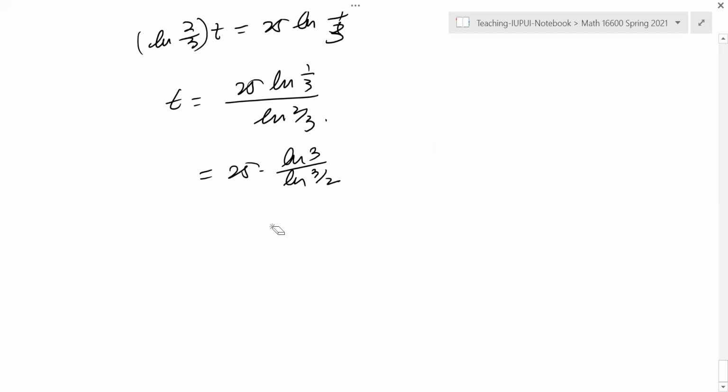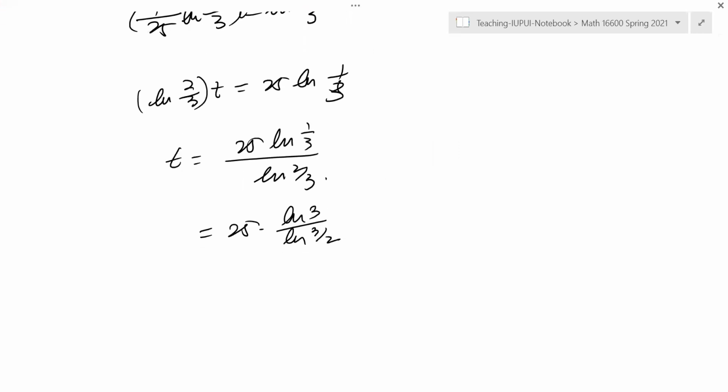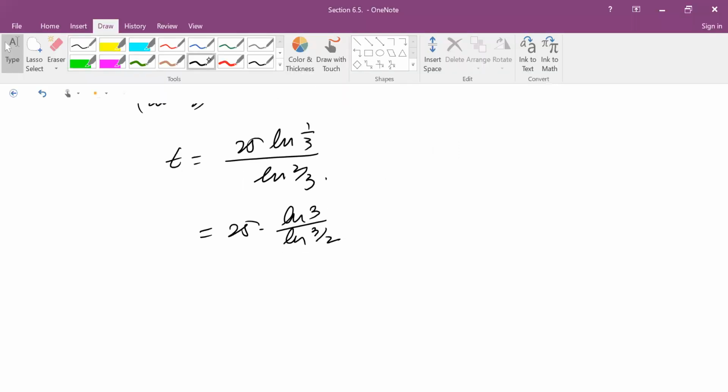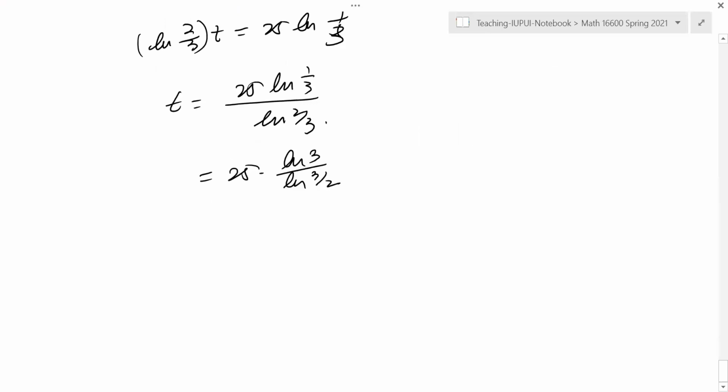Let's take a look at this. I don't have a calculator, and I don't want to use one. So is natural log of 3 greater than natural log of 3 over 2 squared?